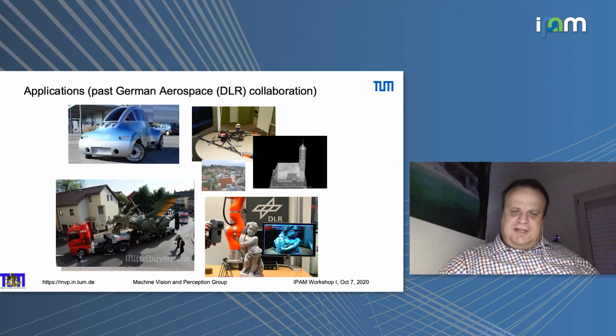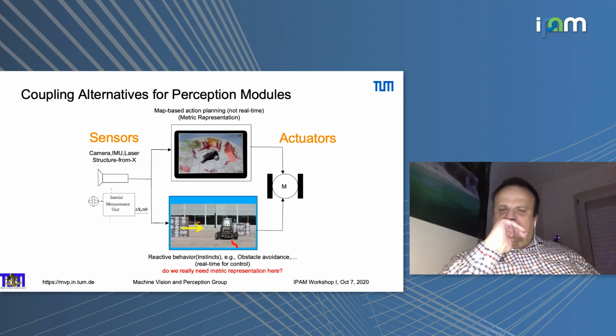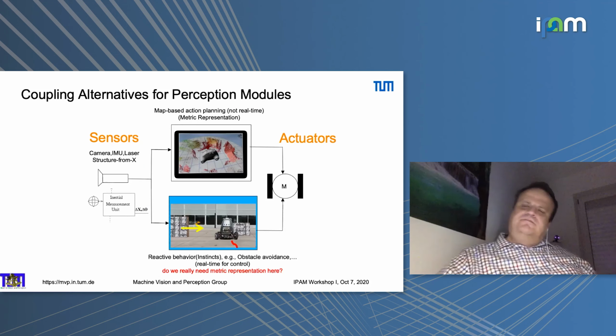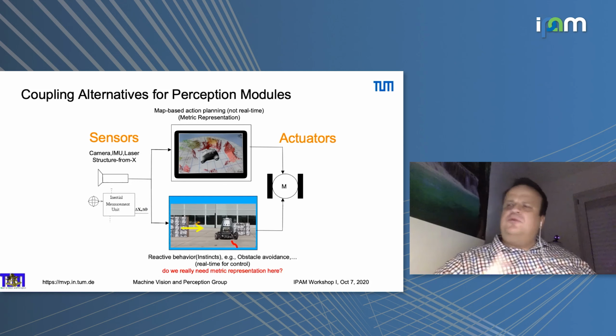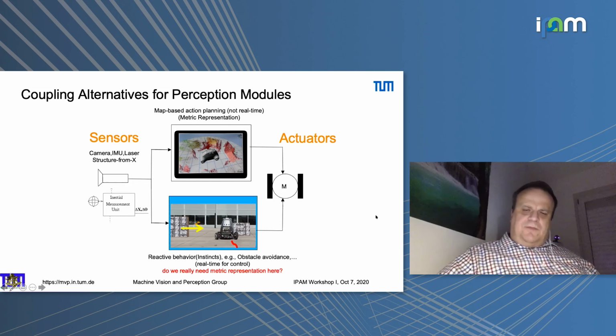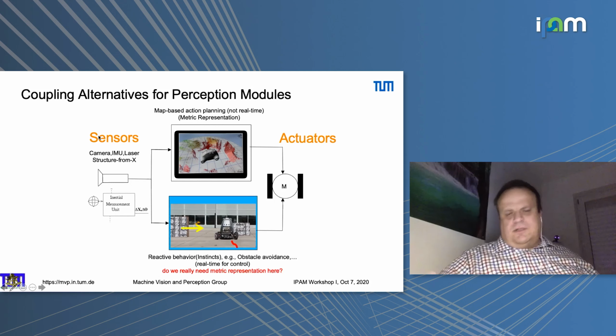kill the horse. So what I would like to talk about today is actually what are robust ways of connecting sensors to actuators and how to deal with the scene. So on one side, we have our IMUs, we have our camera systems, and we have our LiDARs, you name it. And on the other hand, we want to control something with these sensors.